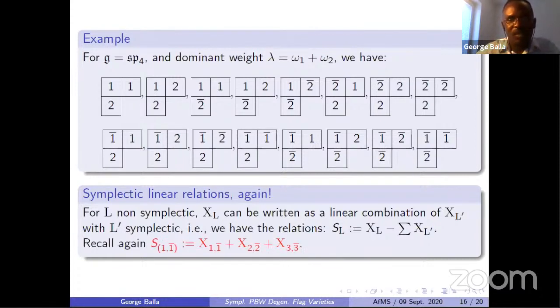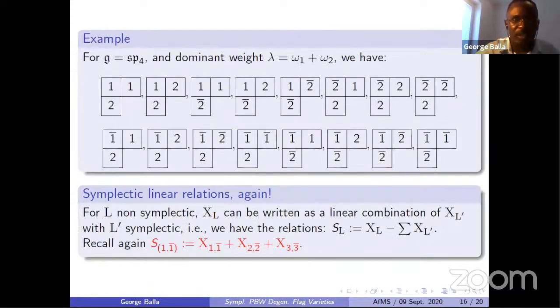We can do this, for example, if we recall this relation which we had before, this one arises this way. One can see that 1 bar is not symplectic because it violates the symplectic condition, but the other two are symplectic. So this relation will give us a way of replacing this x1 bar by a sum of these two.